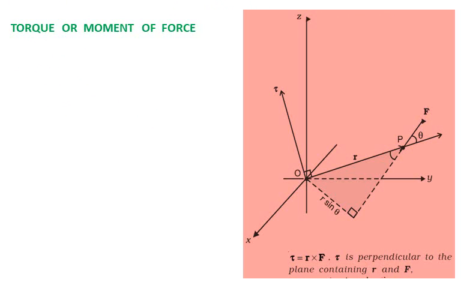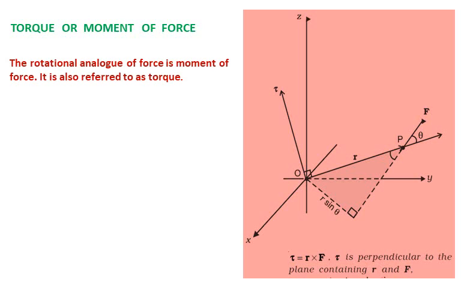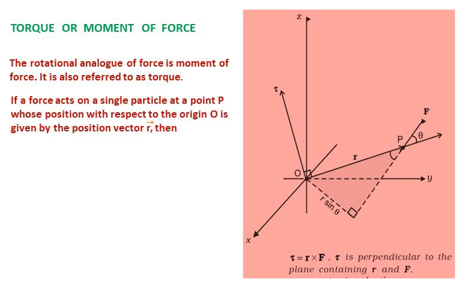Torque or moment of force. As in linear motion we have studied about force, in rotational motion, to move any object in rotation, we require a force, and that is the torque. So the rotational analog of force is moment of force, and that is also called torque.